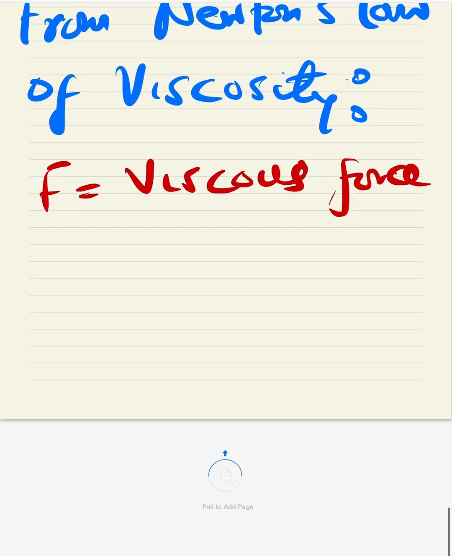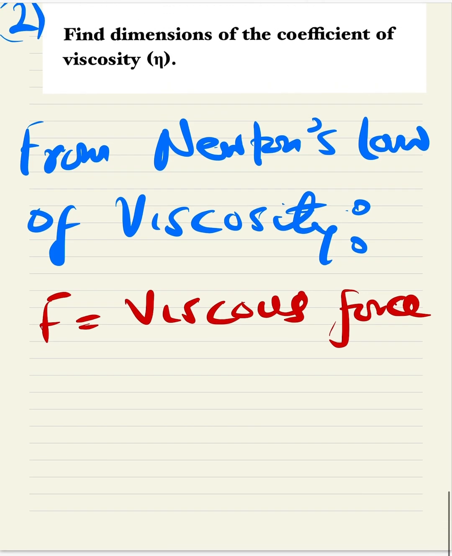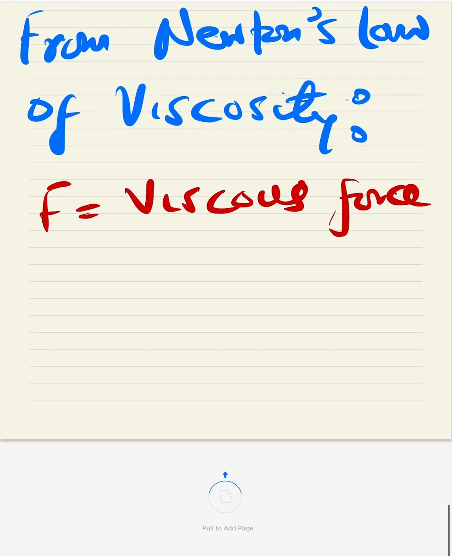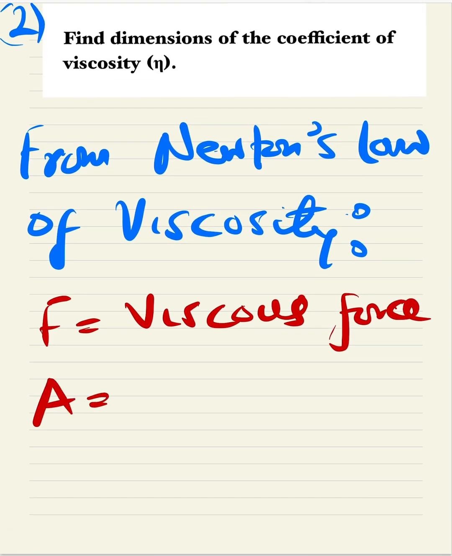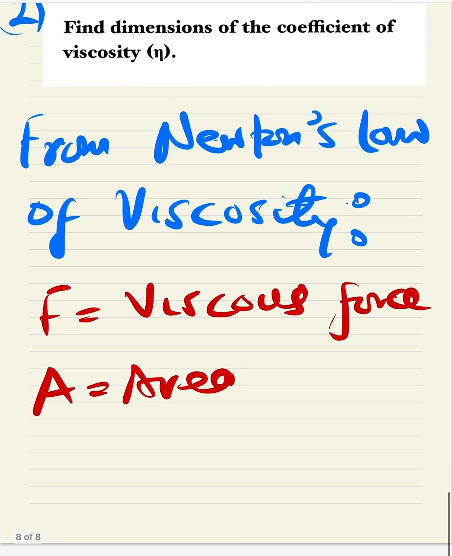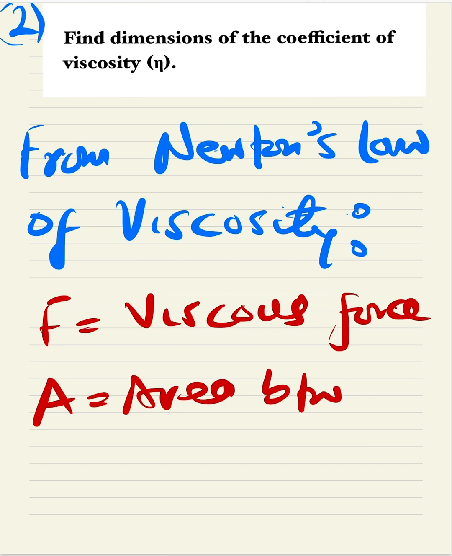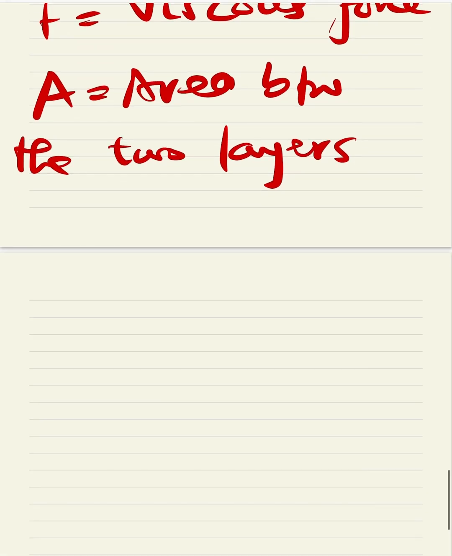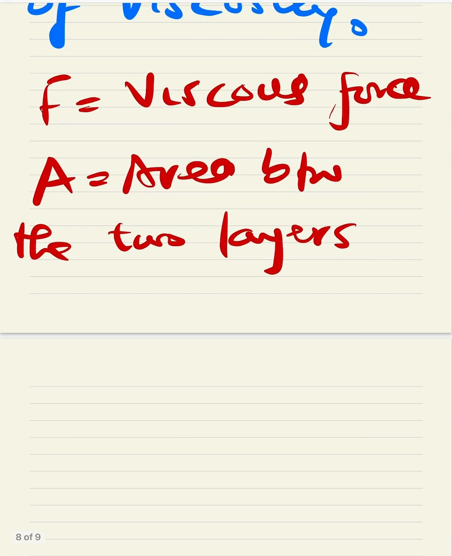Then the formula also says that we have a particular area, A, which is the area between the two layers of that liquid.